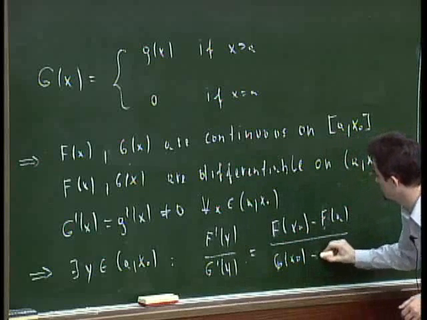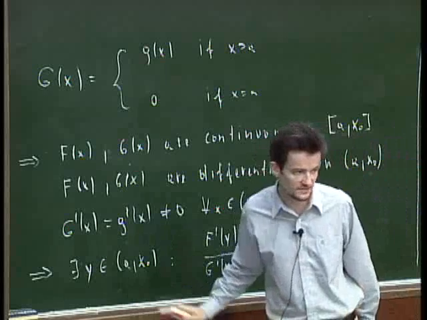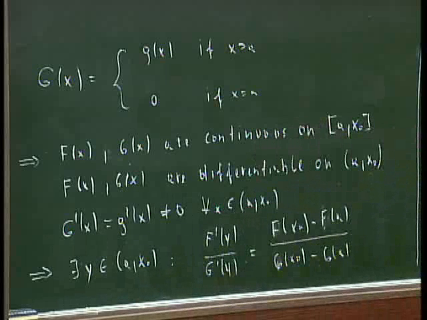G of x0 minus g of a. Okay, so here I use Cauchy's mean value theorem, not the usual mean value theorem. And now you see from this, our conclusion almost follows.